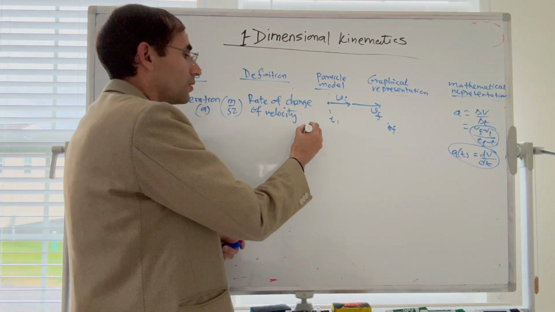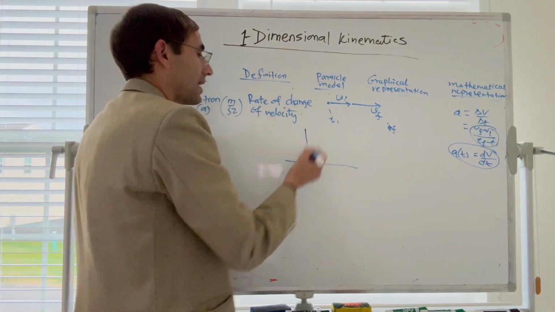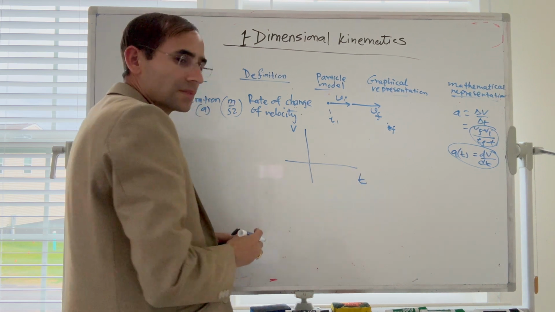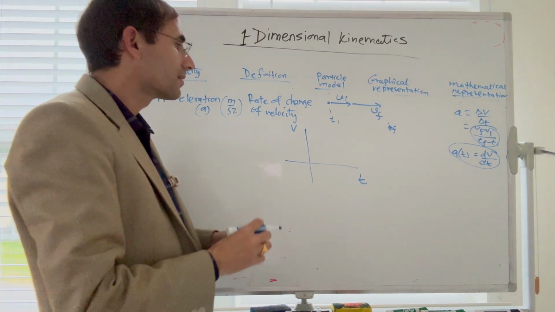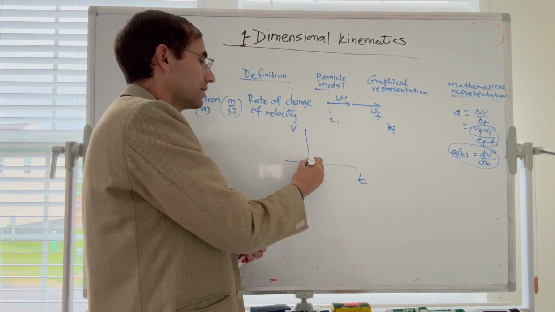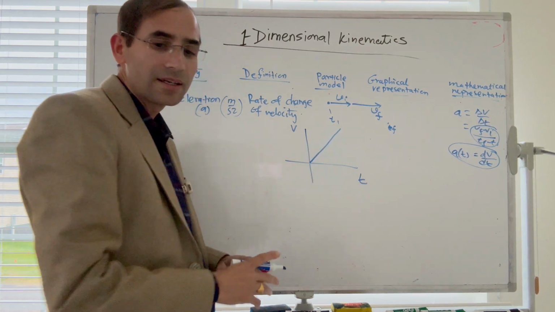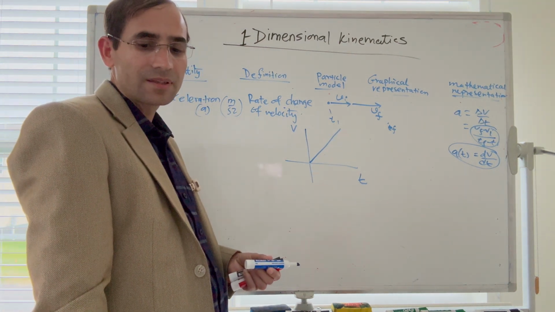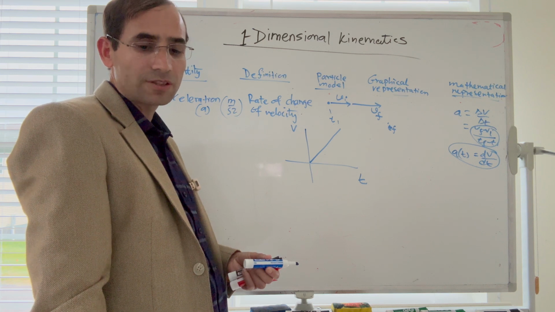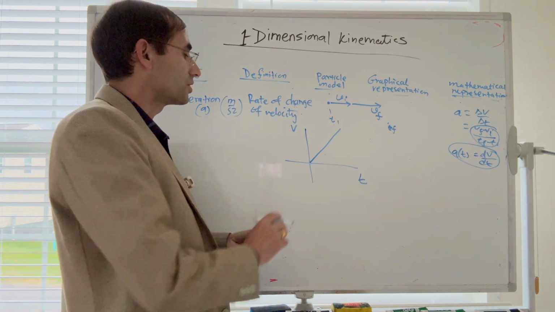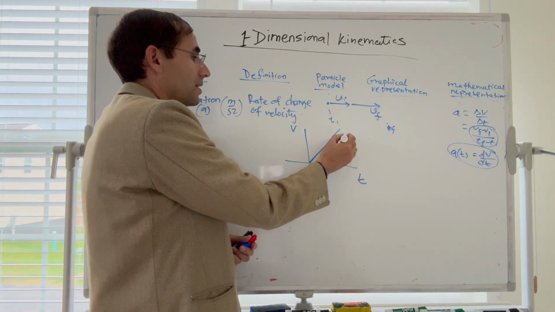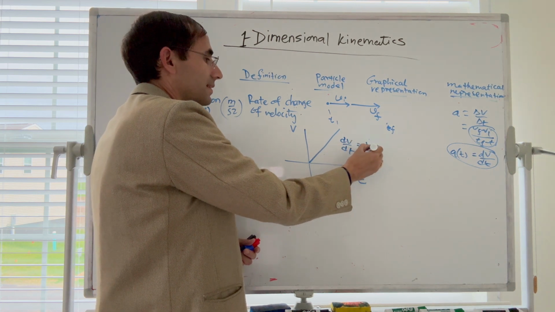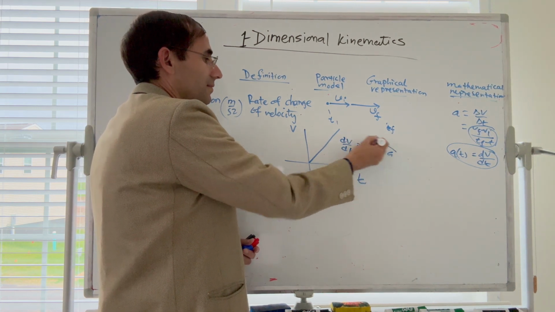If you have a velocity versus time graph, you can see graphically that the slope, dv over dt, or delta v over delta t, gives the acceleration.